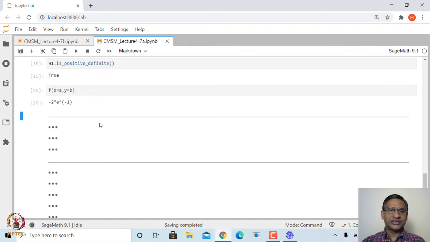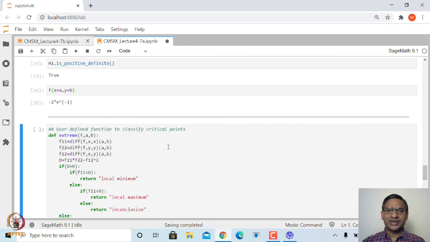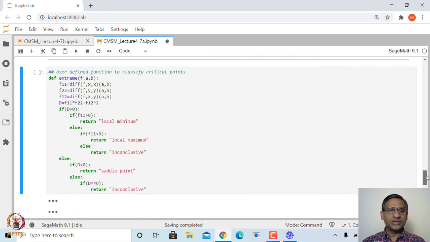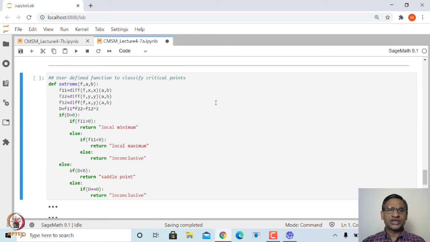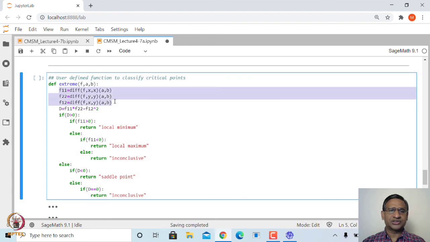Now, we can create a small user defined function to check whether a critical point is a local maximum or local minimum. For that we are defining the first and second order partial derivatives. This is the determinant of the Hessian. First you check the determinant.